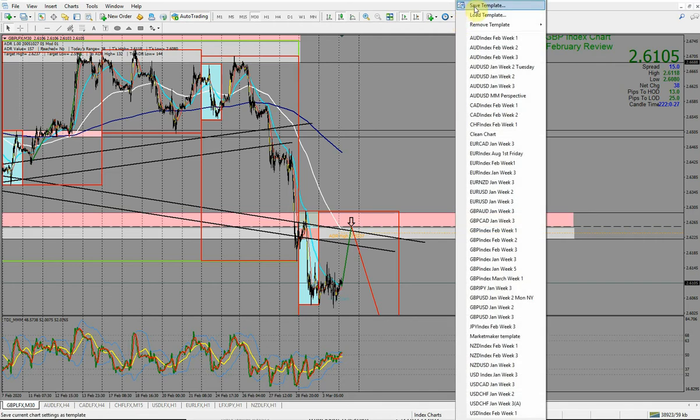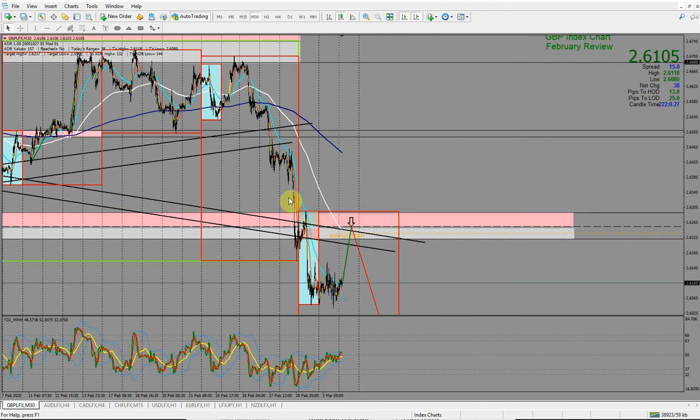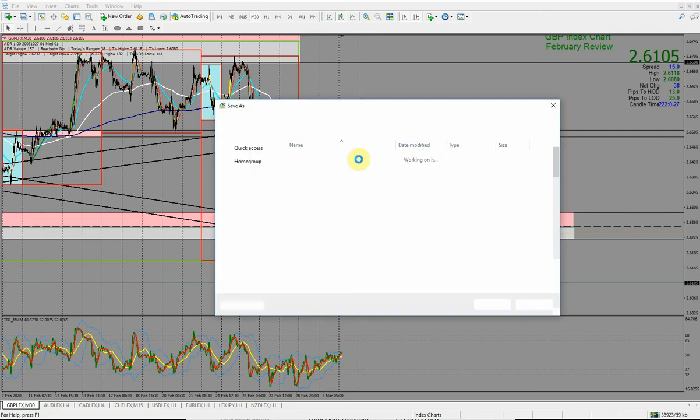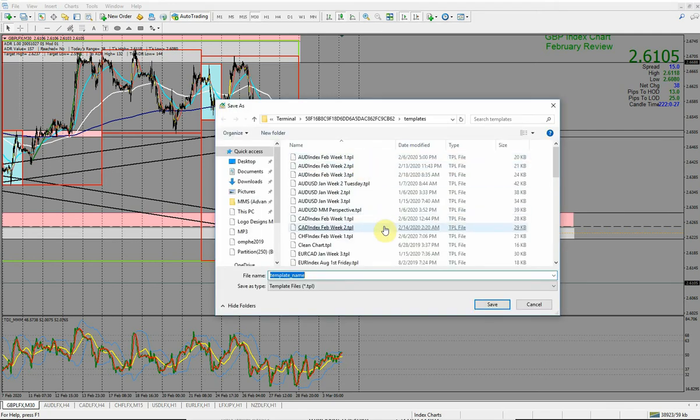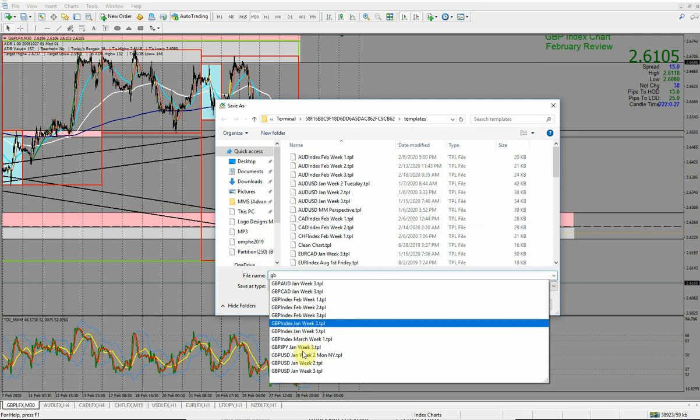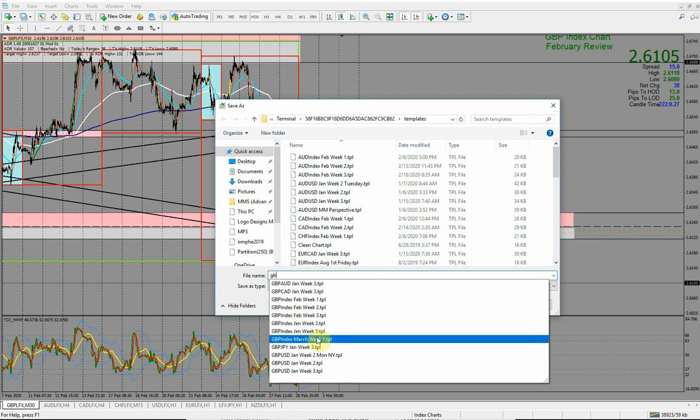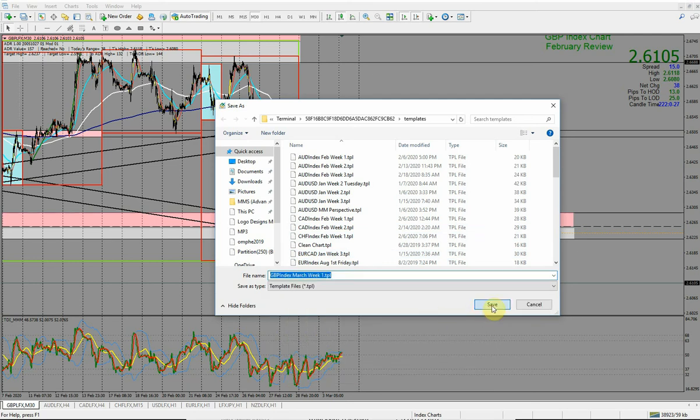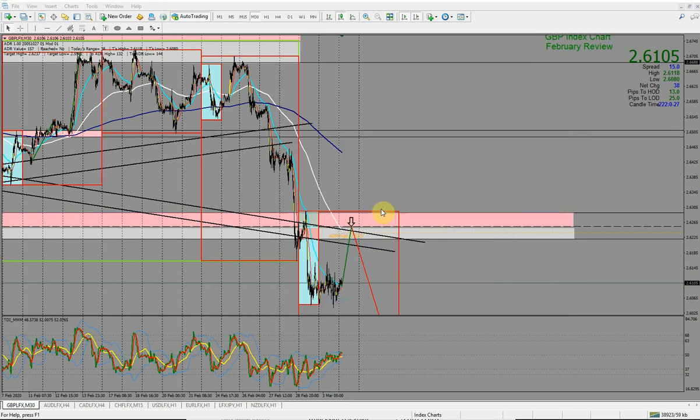I'm just gonna save the profile here. GBP index, March week 1. There we go. My analysis is proper. I'm gonna overwrite that. My analysis is proper with GBP index.